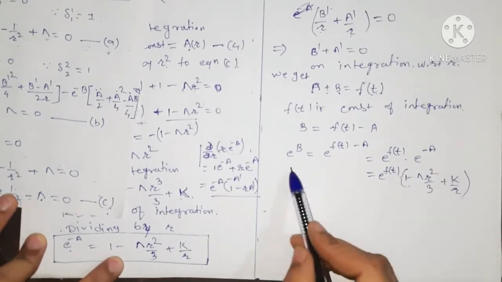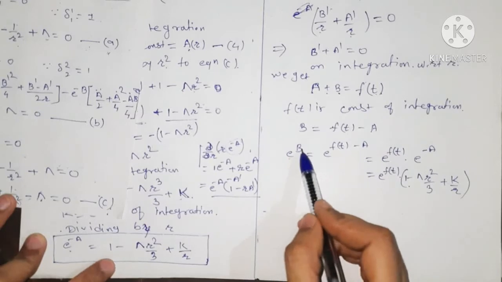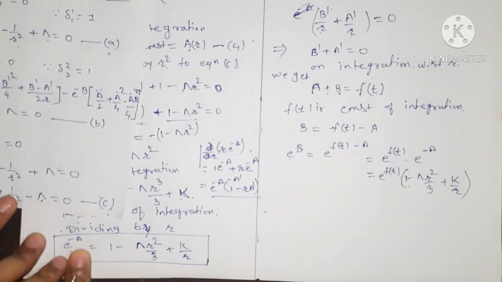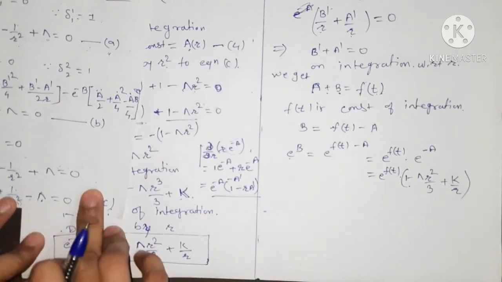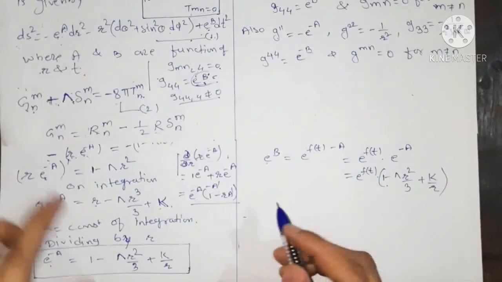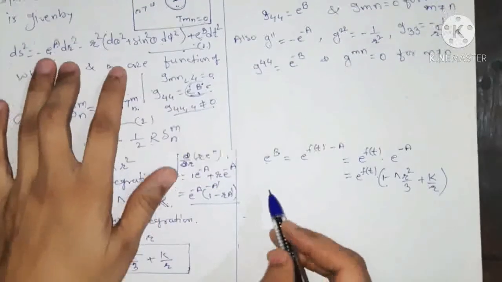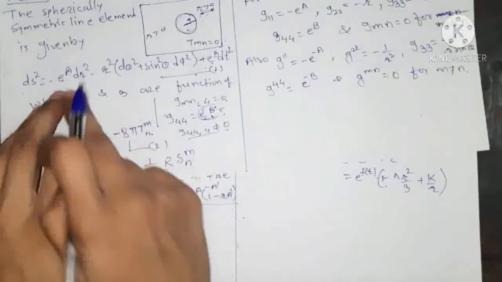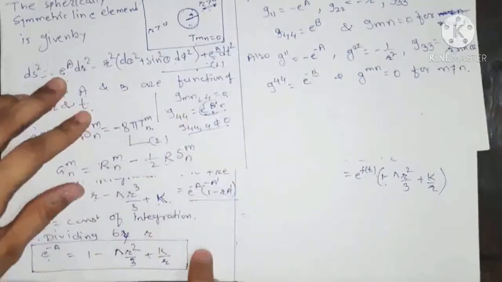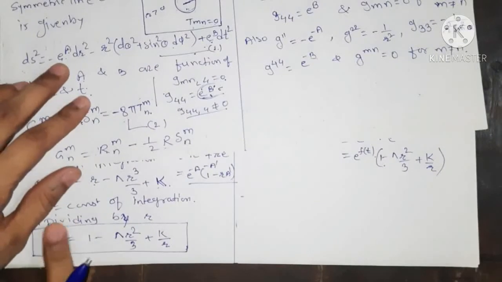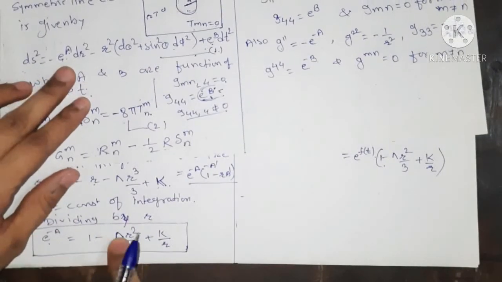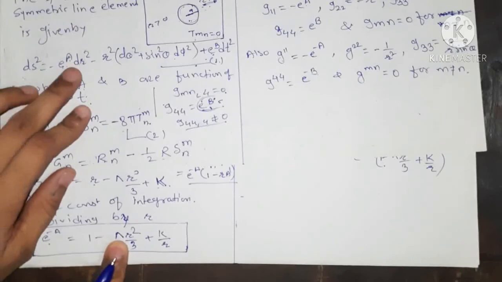Okay, so now we substitute the value of e to the power b and e to the power minus a in our line element. In equation 1 we have e to the power a, and we have the value of e to the power minus a, so we have to take the reciprocal of this to get the value of e to the power a.